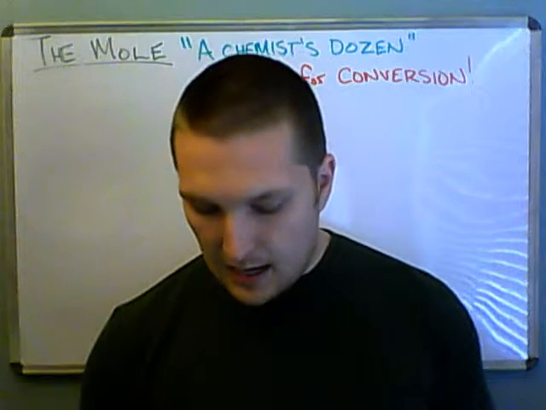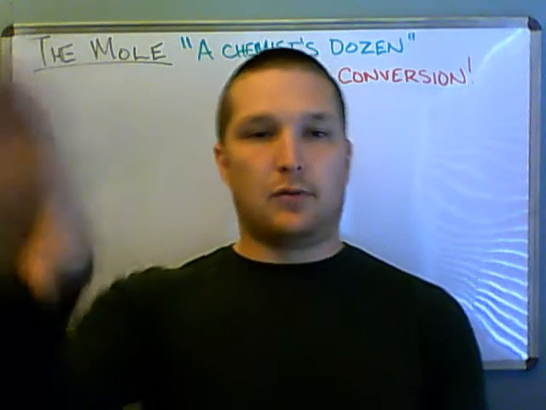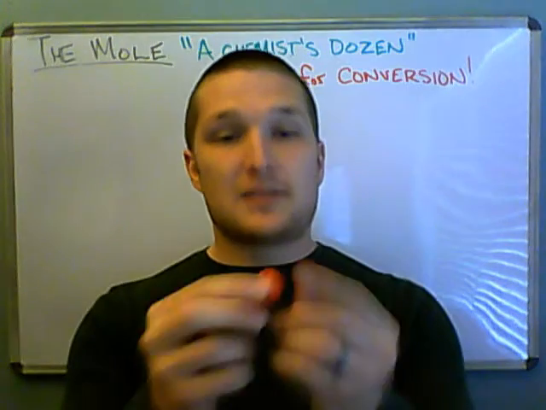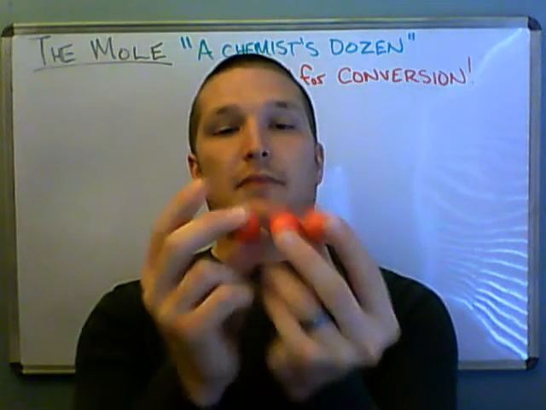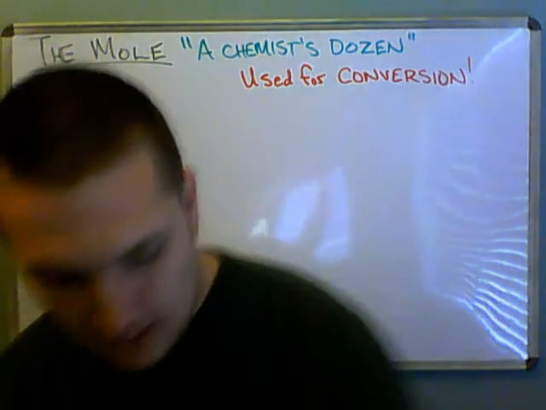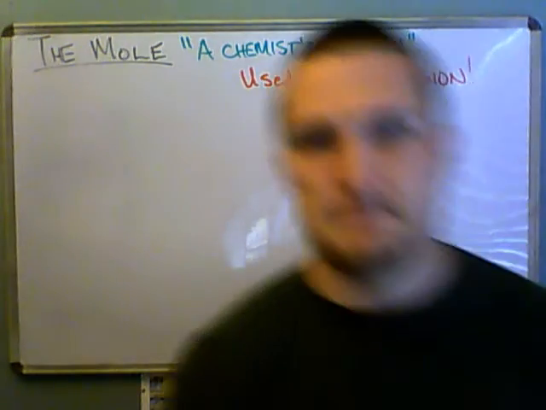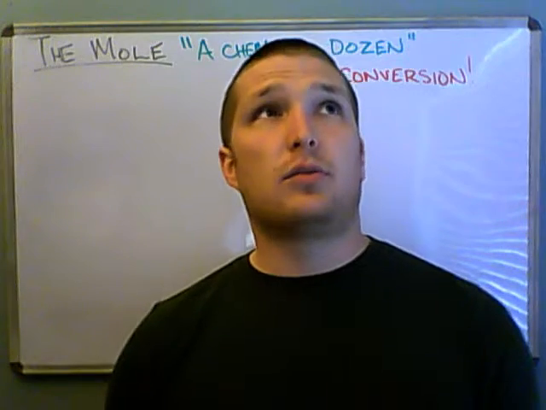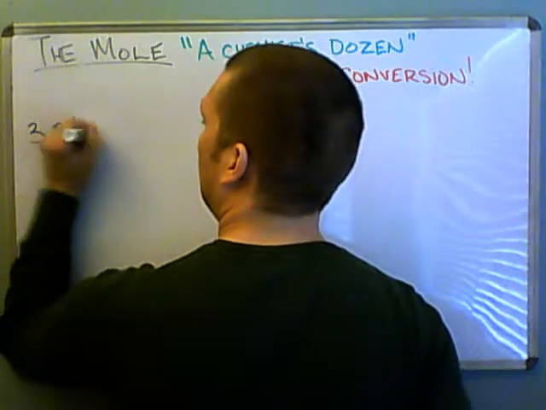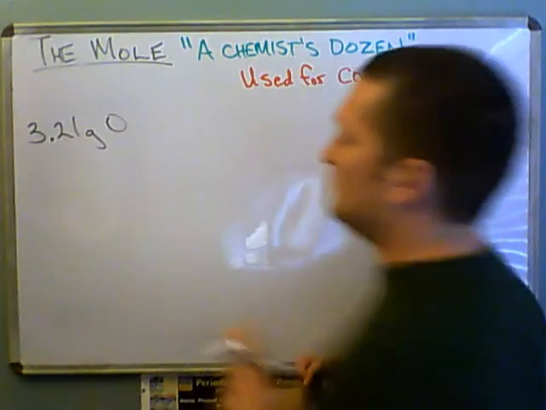So let's say I reached into that jar or poured out some of the jar onto a scale, and here I have my oxygen. I'm going to weigh it, and let's say it weighs, how about 3.21 grams of oxygen?